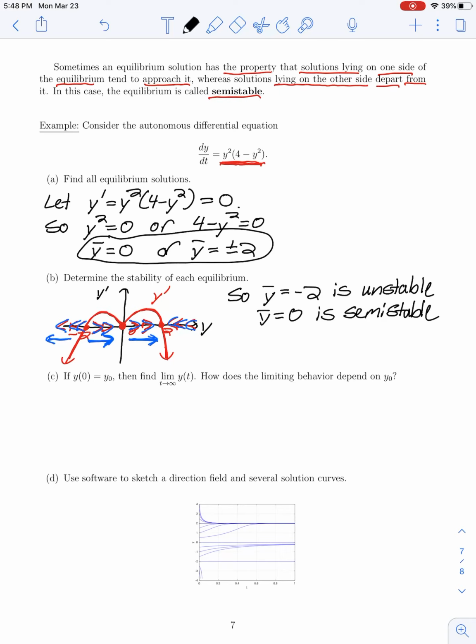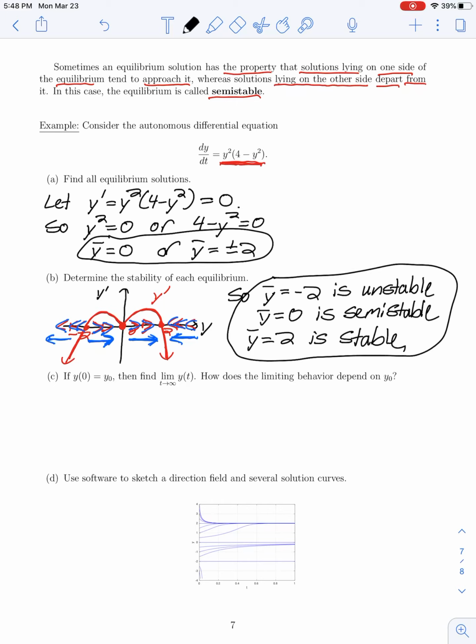We are approaching it from one direction, but moving away from it in the other direction. And then for 2, our solutions on either side of 2 tend to be moving towards it. So we could say that y bar equals positive 2 is stable.